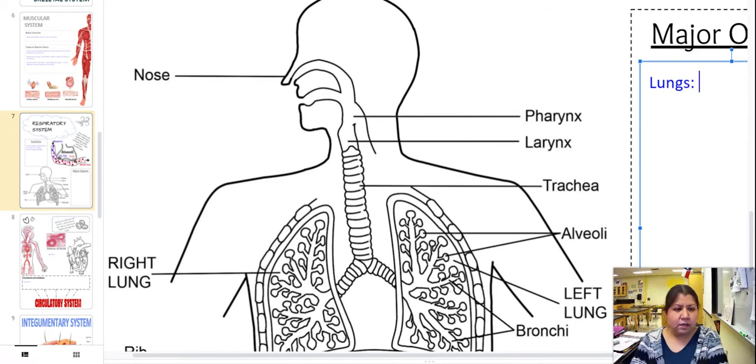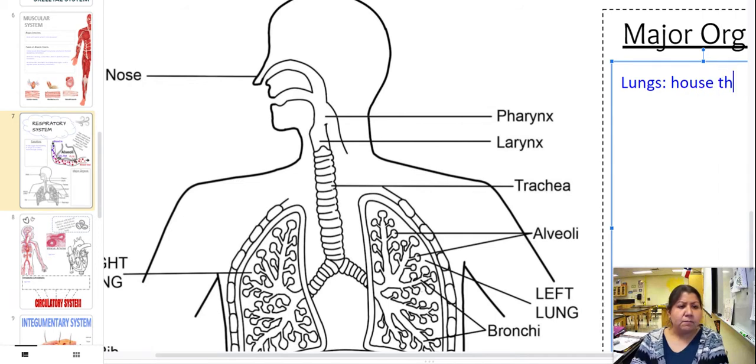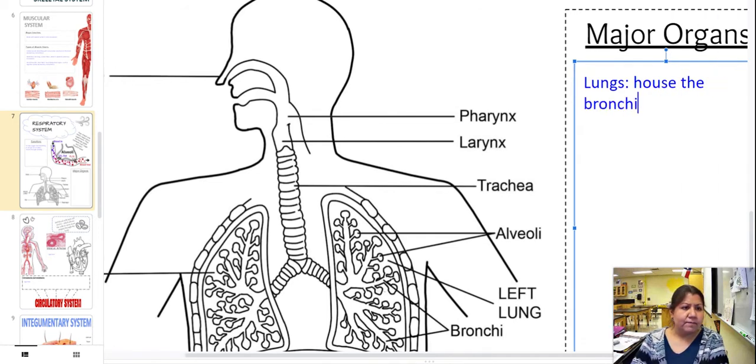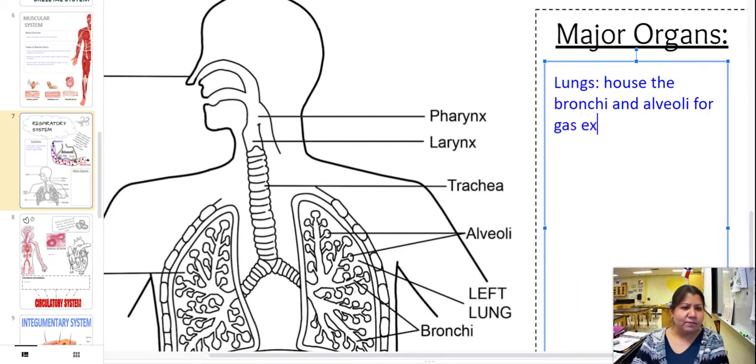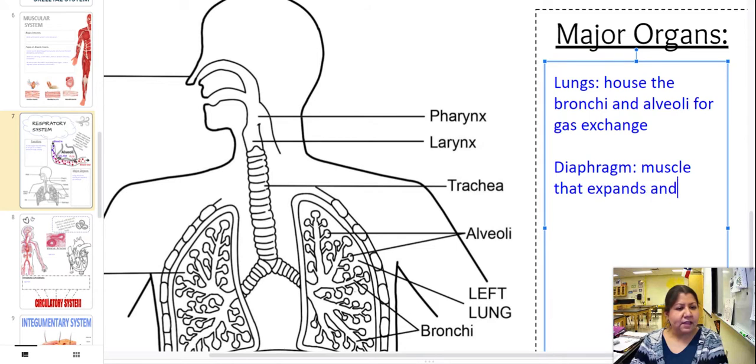Okay, so lungs house the bronchi and alveoli for gas exchange. And the diaphragm is a muscle that expands and allows air to enter the lungs.